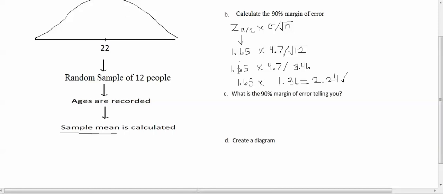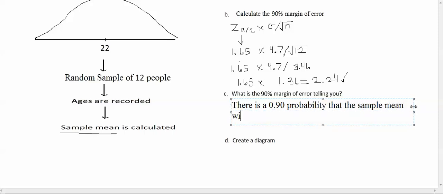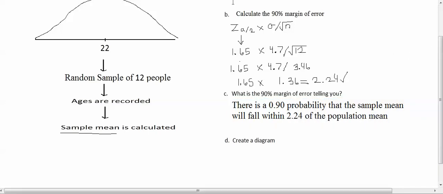The 90% margin of error is telling us that there is a 90% chance or a 0.90 probability that the sample mean will fall within 2.24 of the population mean. I said 0.90 probability because I calculated the 90% margin of error. These two numbers just match each other. And 2.24 is the margin of error that I just calculated.